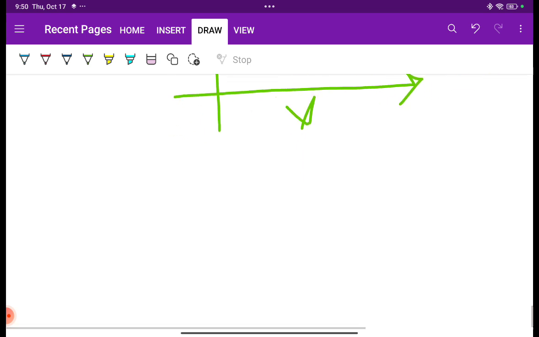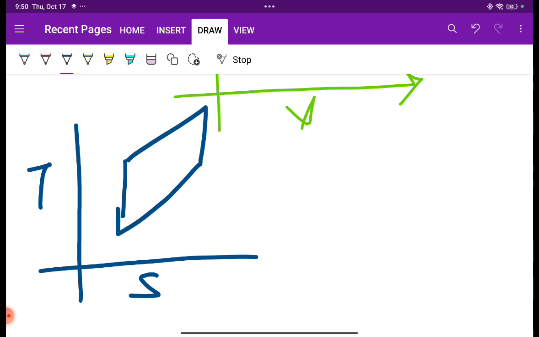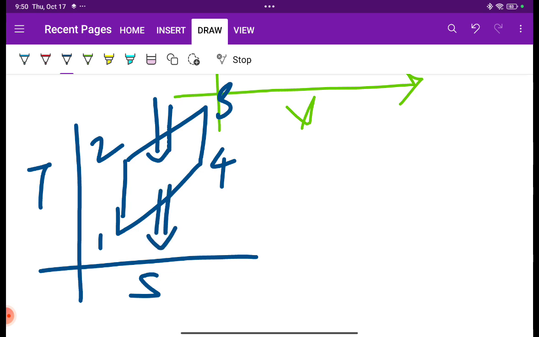Now we will study the TS diagram for this diagram. This is like this. This is 1, 2, 3, 4. It comes from here and it rejects here.